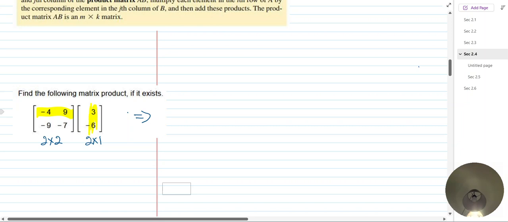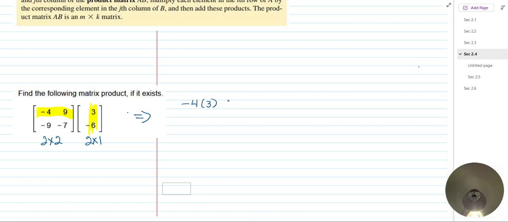Here we go. So I'm going to have a -4 times 3, plus a 9 times a -6. Then I'm going to have a -9 times a 3 plus a -7 times a -6.